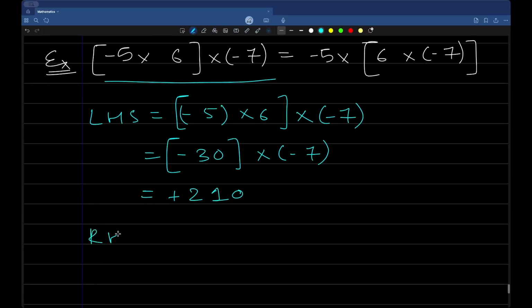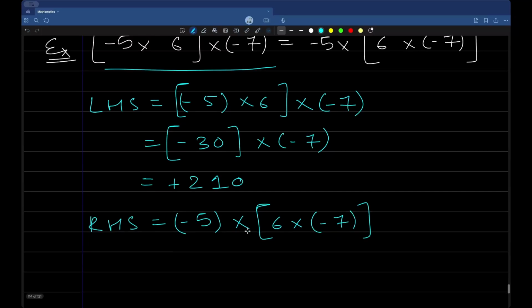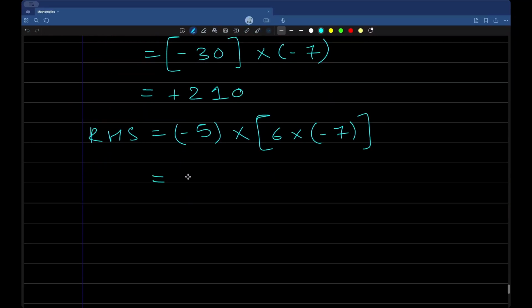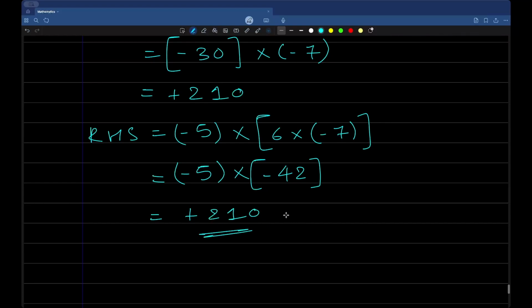We have right hand side equals to minus 5 into (6 into minus 7), that is equals to minus 5 into plus into minus is minus, 6 7s are 42, and we have minus into minus is plus, and 42 5s are 210, which is equals to LHS.